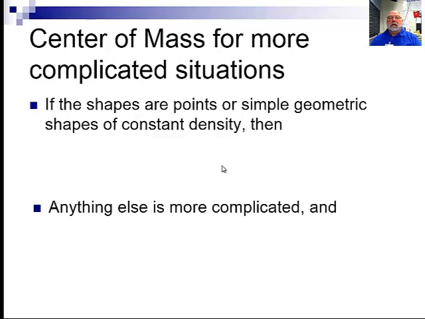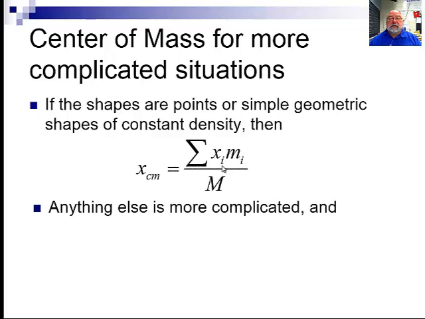Welcome back. Okay, so in the real world, shapes are not uniform and nicely symmetric, geometric easy shapes, so we have to deal with things that are more complicated. So let's take a look at the idea behind that.